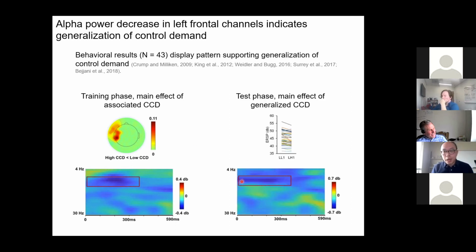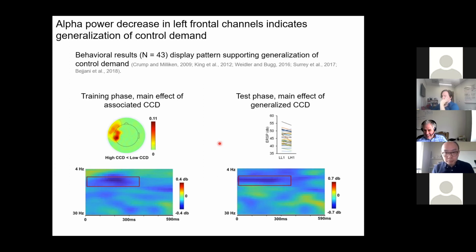The idea is that if the association indeed is generalized to the test phase, then the same generalized association effect should be observed in the same component. And indeed, we observed this effect. So that's the first part showing that generalization indeed happens in the brain.